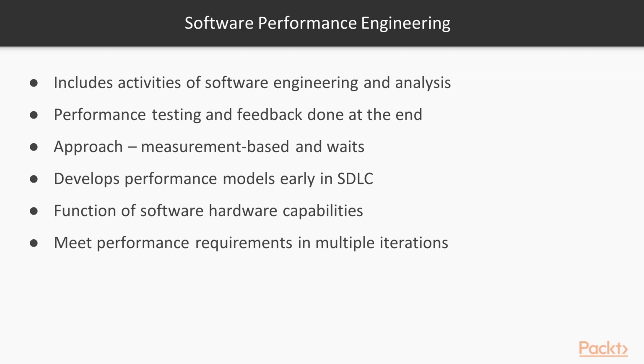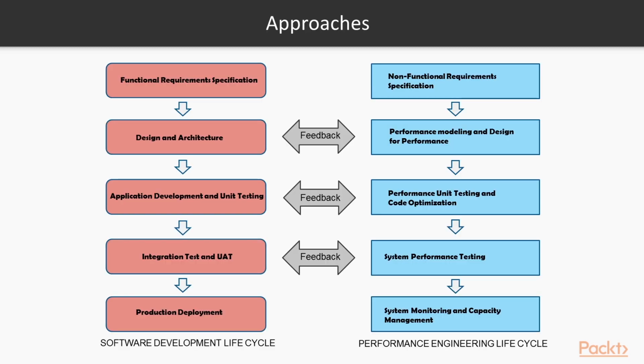Another more formal model named Software Performance Engineering, SPE itself, develops performance models early in the SDLC and uses results from the models to modify the software design and architecture to meet performance requirements in multiple iterations. In this approach, both performance as a non-functional requirement and software development meeting its functional requirements go hand in hand.